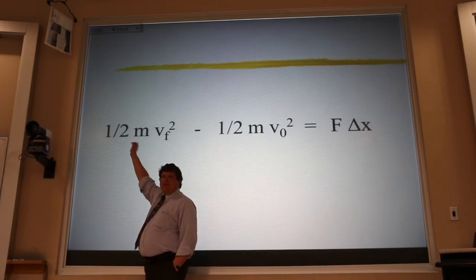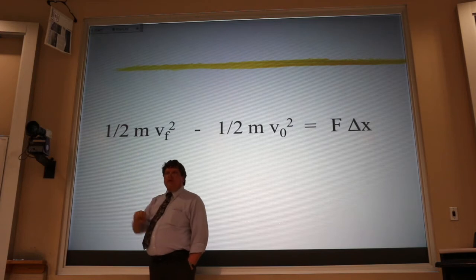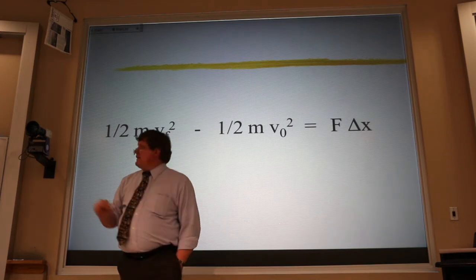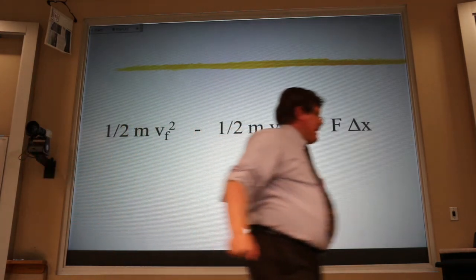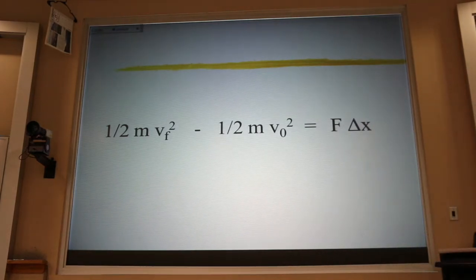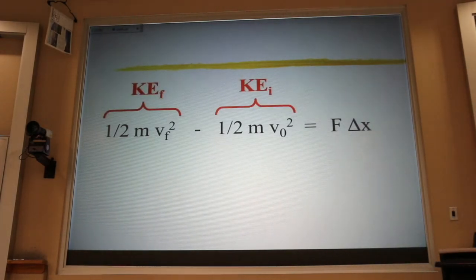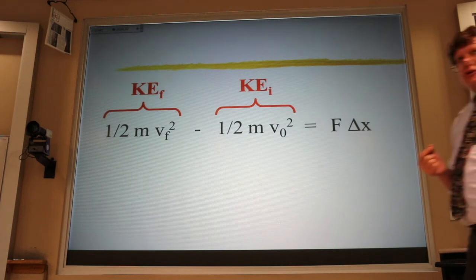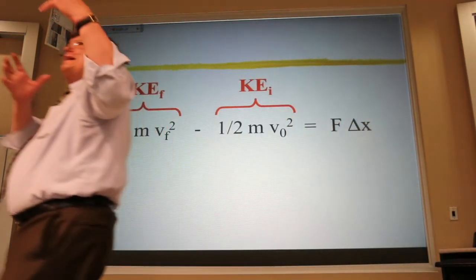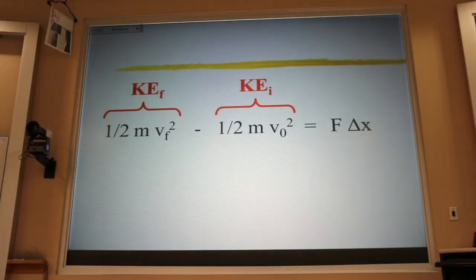And now, that looks like an old friend. And to you, it should look like a new friend. That's a kinetic energy. And what I have there is just the final kinetic energy minus the initial kinetic energy. Anytime I have final anything minus initial anything, that's the change.